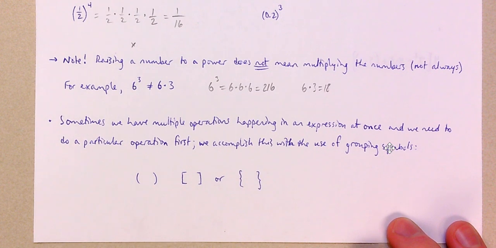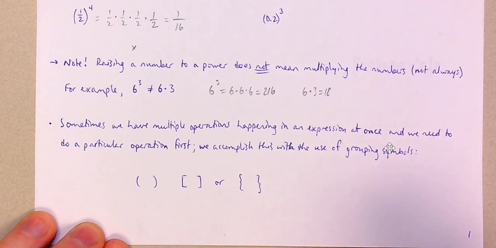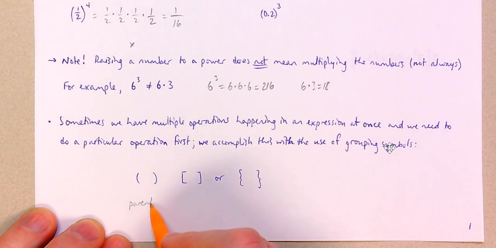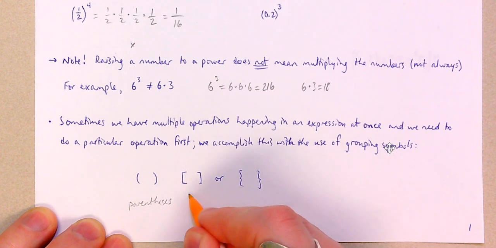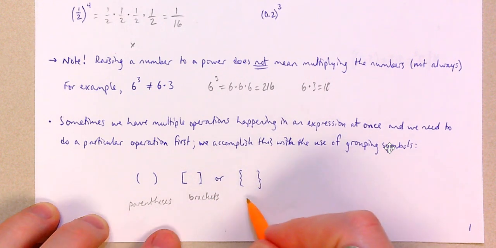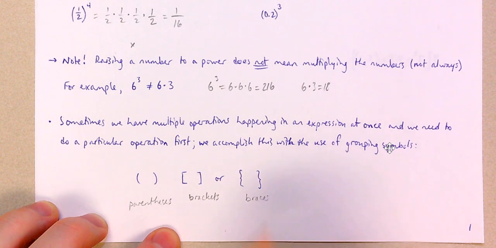We use grouping symbols to tell us what things we have to do first. And grouping symbols can show up in three main types. You have your parentheses, you have brackets, and then you have braces, or squiggly brackets, or set brackets.